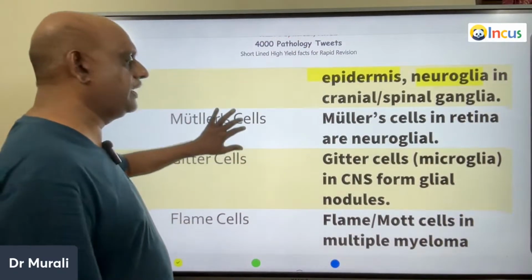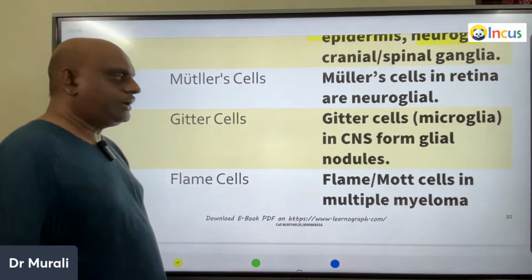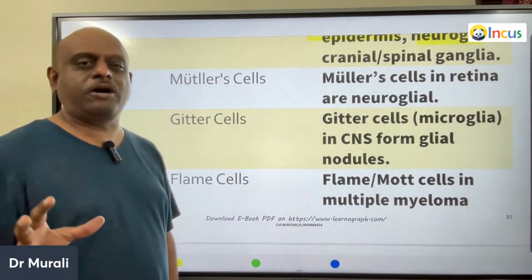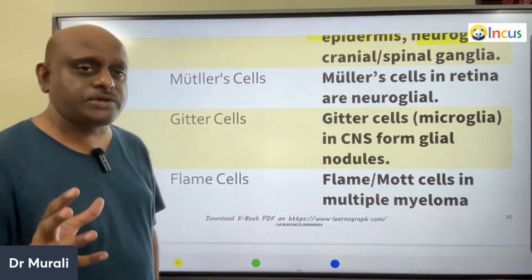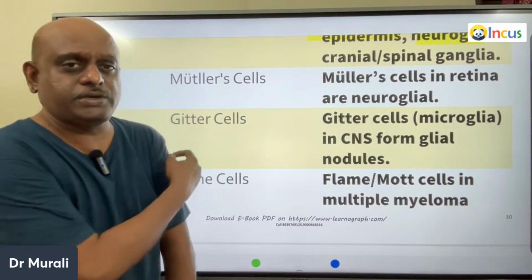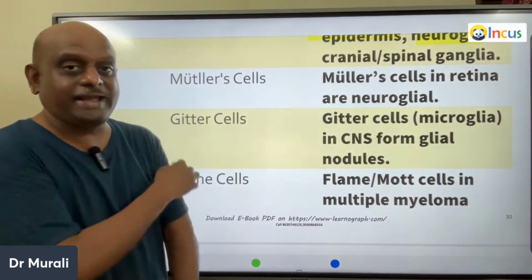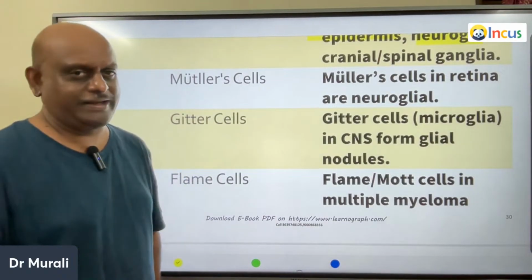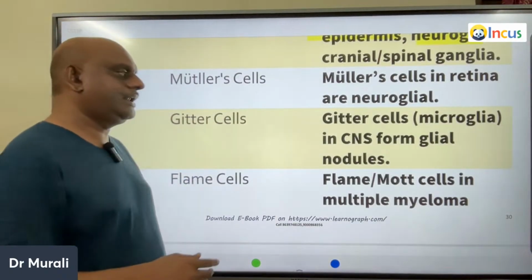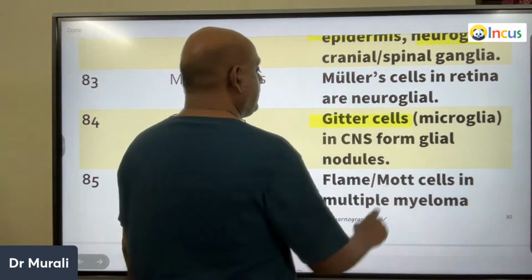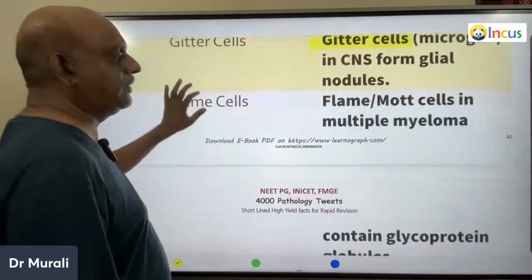Müller cells are neuroglial. Then what are those cells in the CNS that form the glial nodule? Glial tissue is something like a fibrous tissue. If you give the polio or BCG vaccine, you get fibrous tissue, right? So like that we get the glial nodules from the Rod cells, which are the microglia.